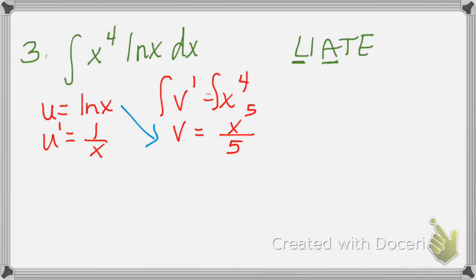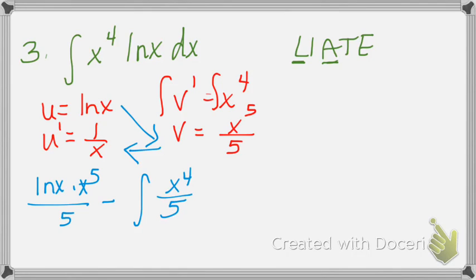So uv minus the integral v u prime. Now I'm going to multiply that together. 1 over x times x to the 5th over 5. That makes x to the 4th over 5.